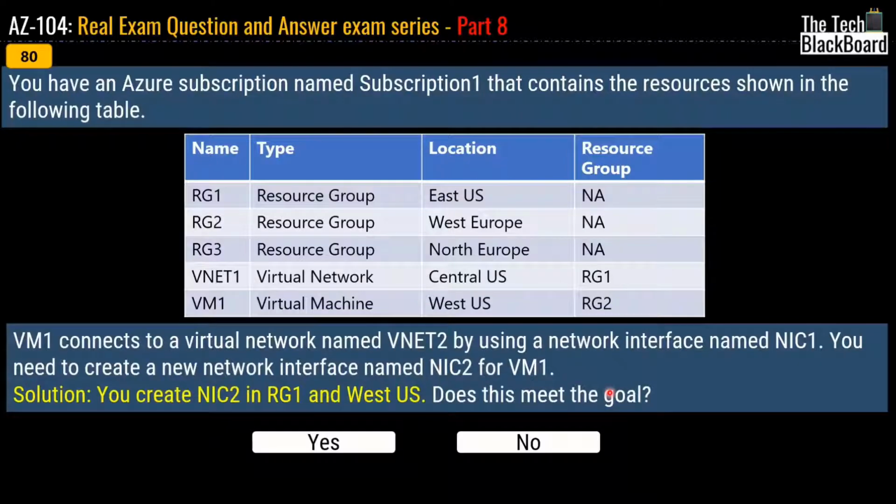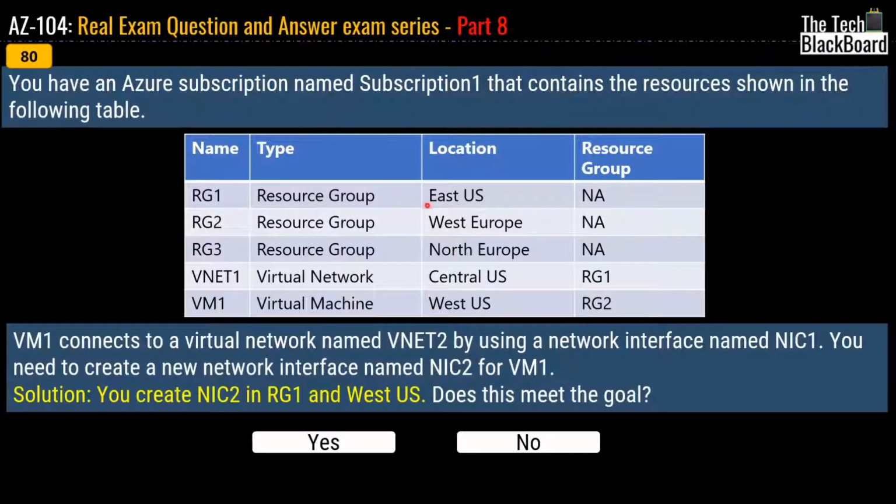As I told you in the last question as well, whenever you have these kinds of questions, always look at the location of the resources. In this question, it says we are creating NIC2 in RG1. Where is RG1? Again, RG1 is in East US. And where is virtual machine 1? Virtual machine 1 is in West US.